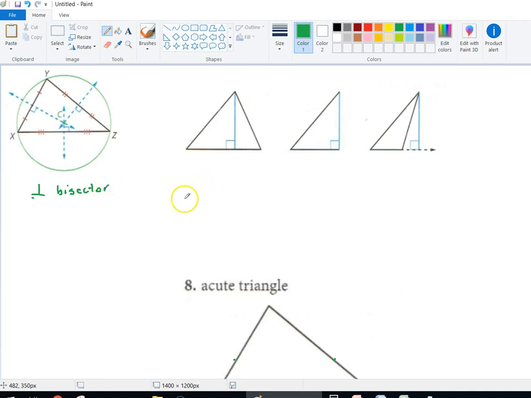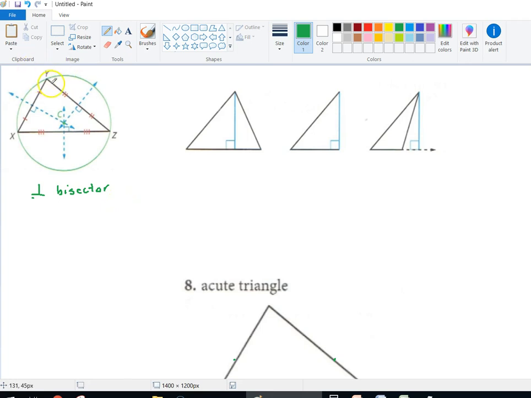A perpendicular bisector is a line that divides a side of a triangle into two equal pieces and will also travel across to the other side of the triangle.